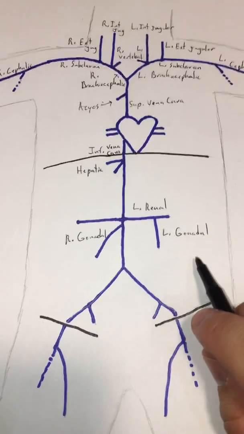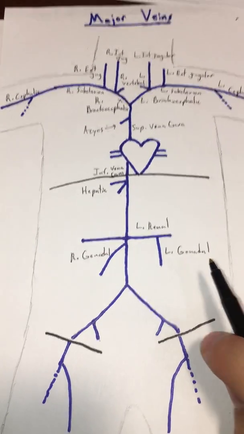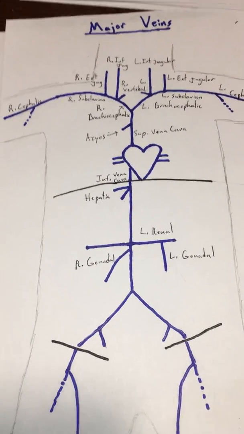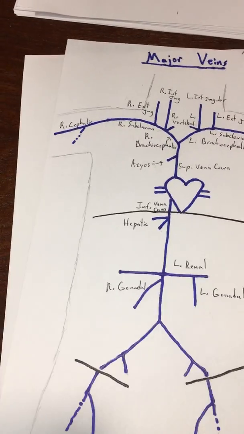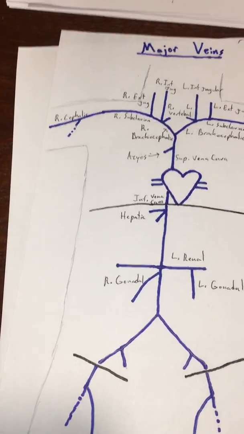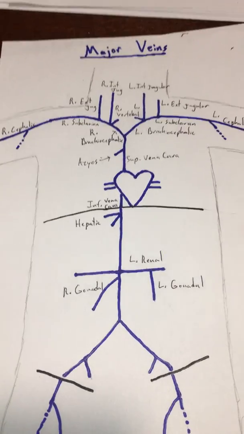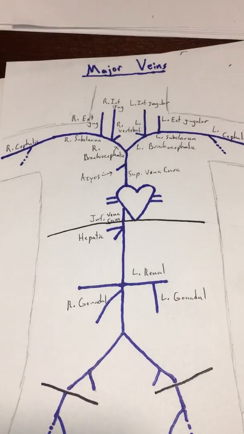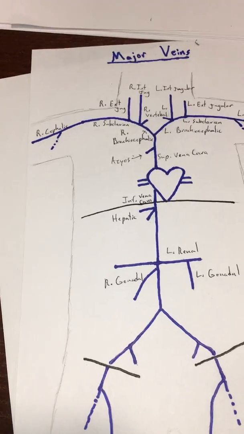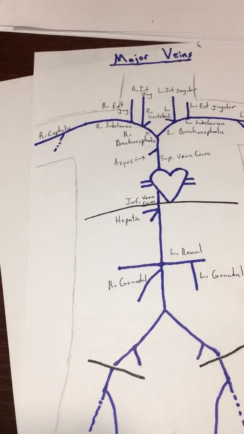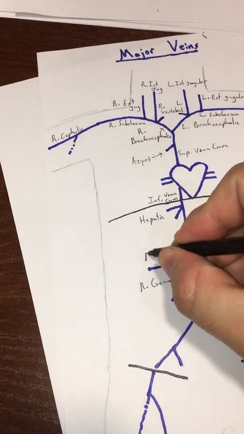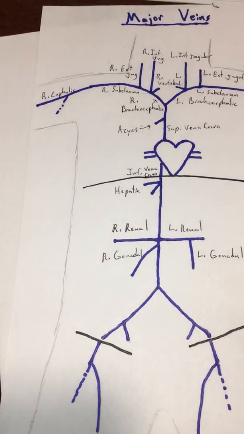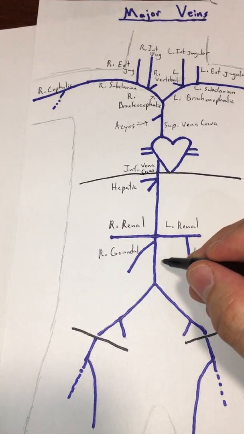Now you would never say gonadal vein on a lab exam, right? There's going to be male or female cadavers, so you'll be looking at A&P Revealed. So you're either going to say left ovarian vein or left testicular vein, okay? But I'm just saying gonadal right now. Just keep that in mind. Okay, so that means this is the right renal vein.